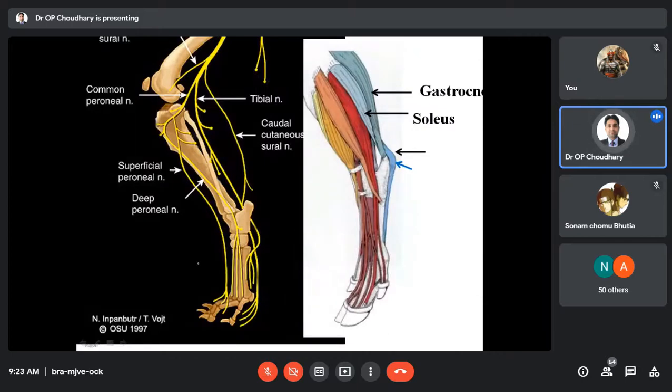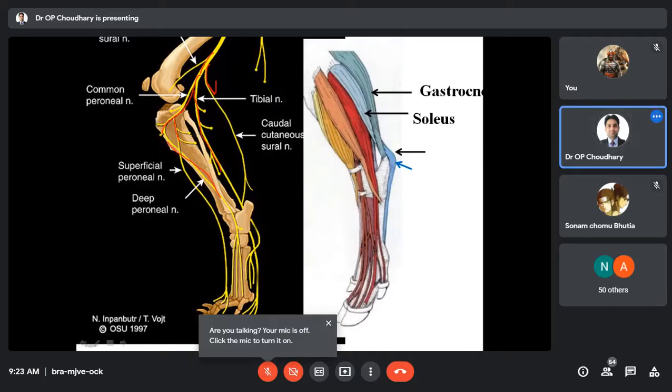You can see here, from here there is the origin of the tibial nerve, and these are the collateral branches of the sciatic nerve. These collateral branches are 5 in number.